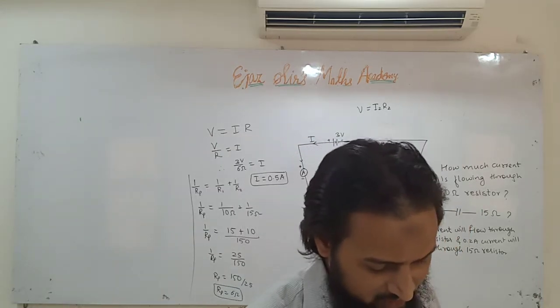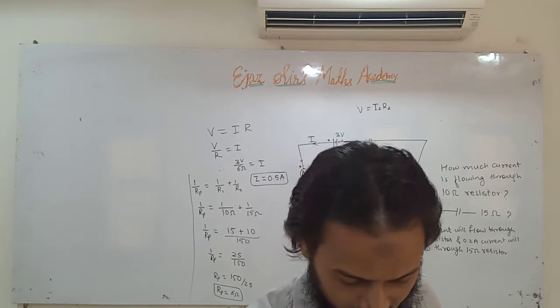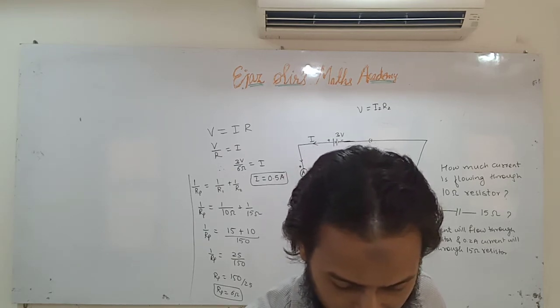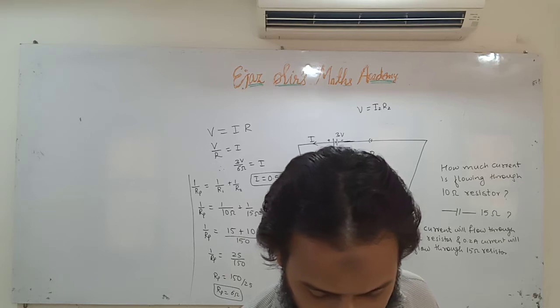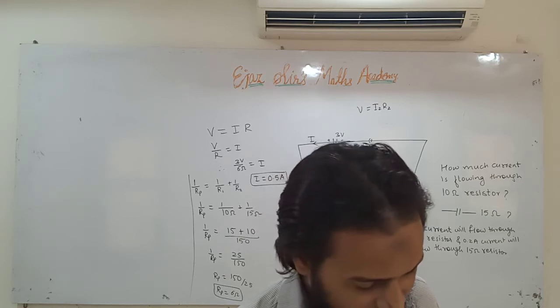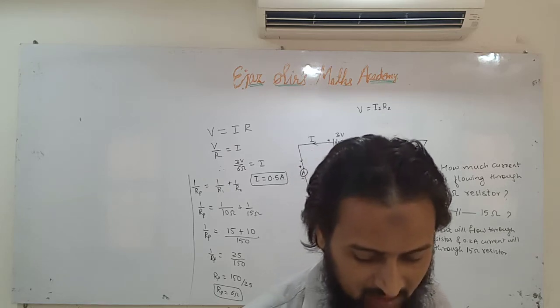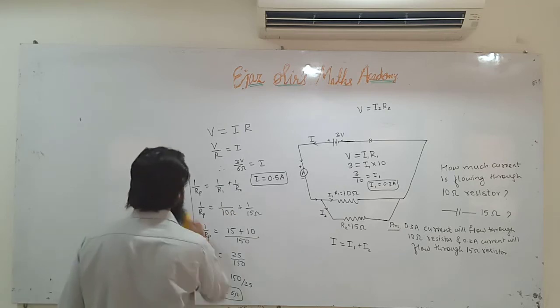The next question is, what question is this? Alright. Find the currents through 10 ohm and 20 ohm resistor. A similar question was asked in the CBSE 2013 board exam.